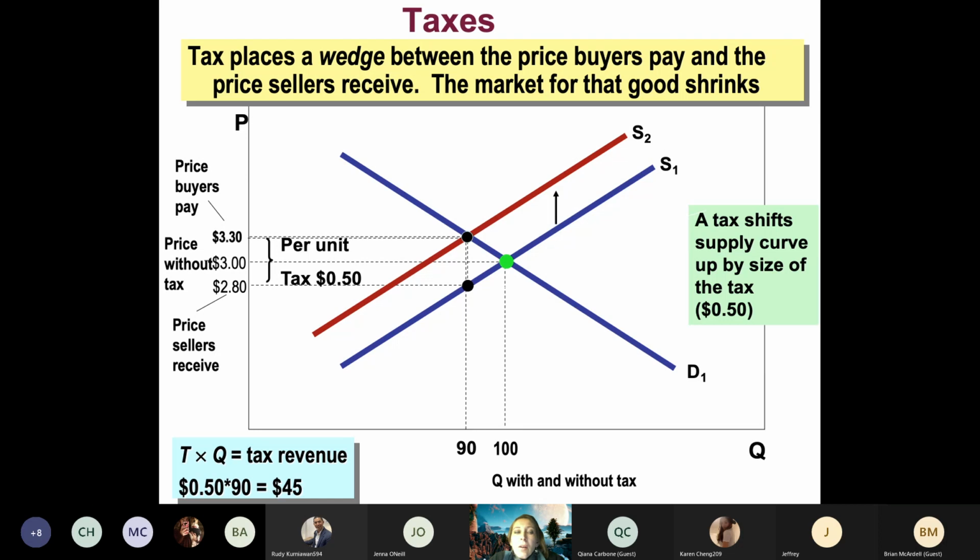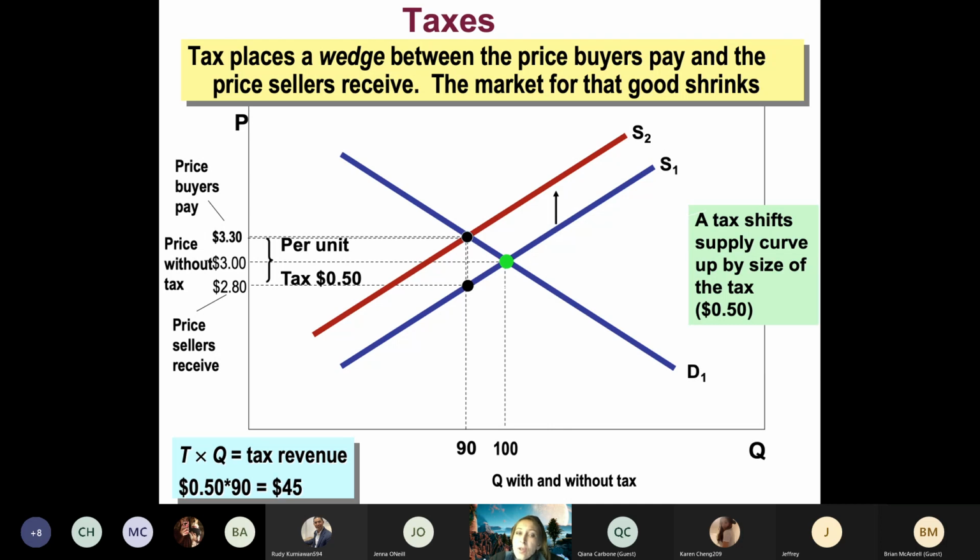And then all of a sudden, a 50-cent tax was imposed, saying we're not going to allow you to sell beer unless you pay a 50-cent tax.